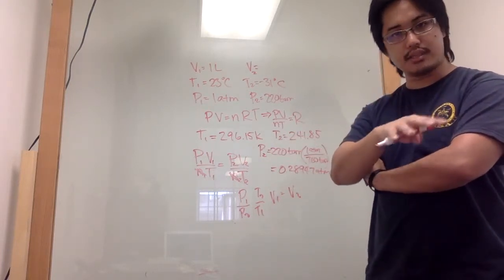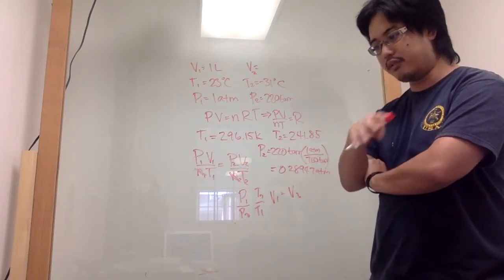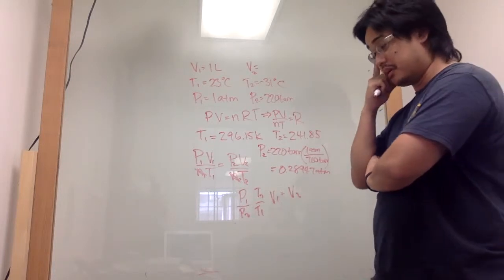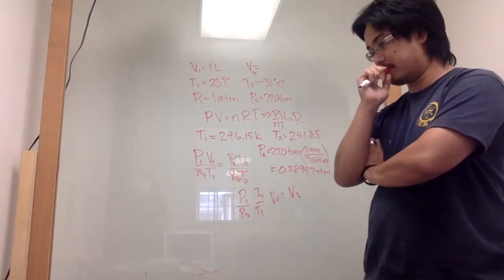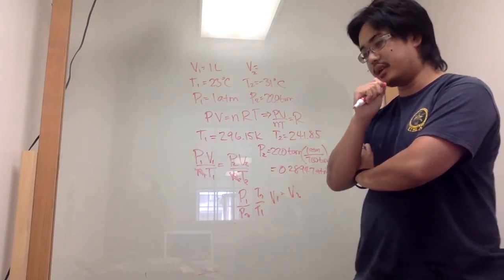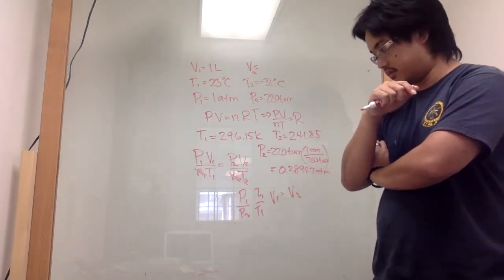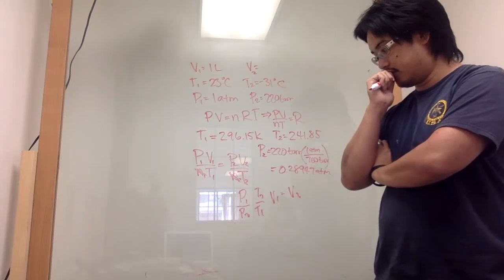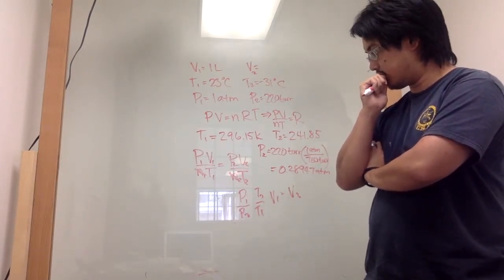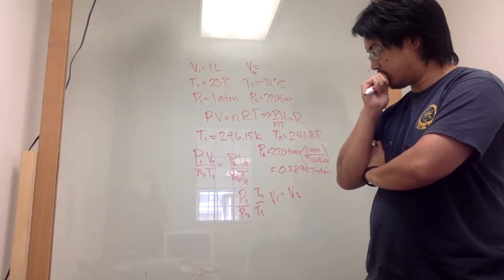I thought the first temperature was 296.15. It is, but the first temperature goes in the denominator. Oh, so it's not T1 over P2 anymore?